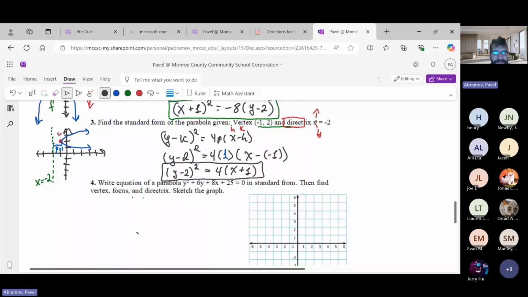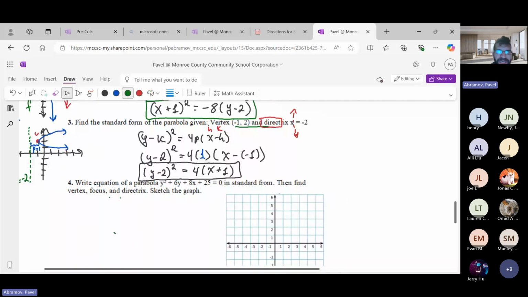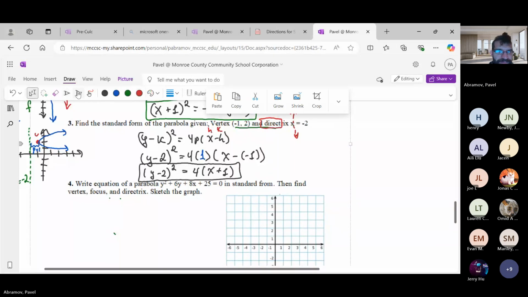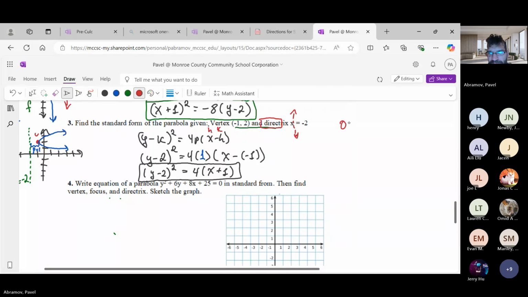Before we move on to the last example, here's just a little side note about your practice on Delta Math. On Delta Math, you will have questions like this, where you are given, let's say, the vertex and the focus.